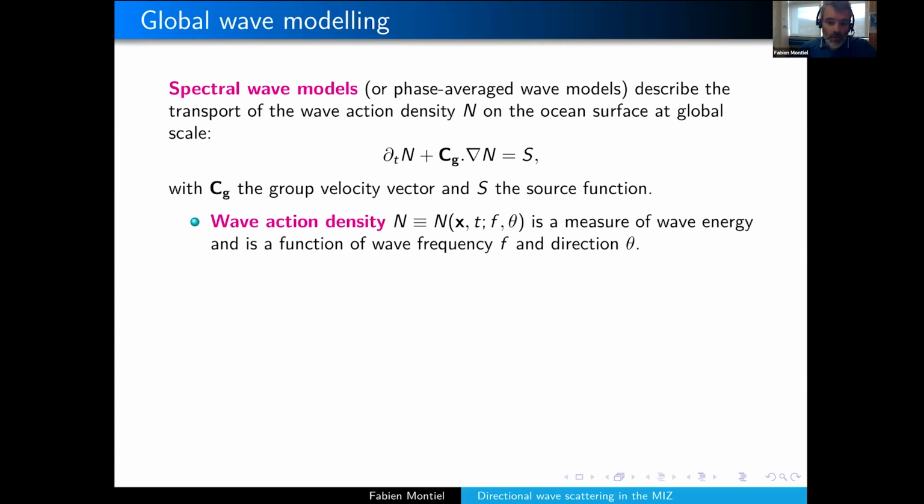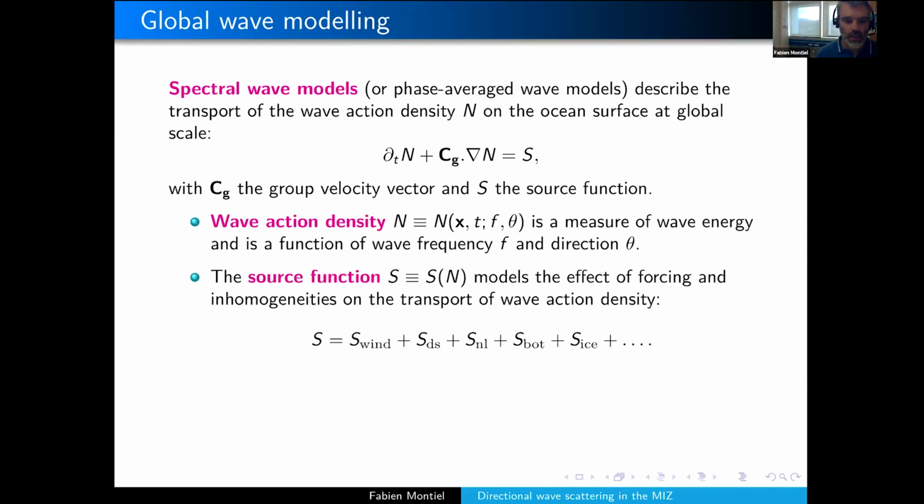You can think of it as a measure of wave energy, but the phase of the waves, of course, is not resolved. That's why it's a phase average model. And the source function is an attempt at representing the effect of various forcings and inhomogeneities on the transport of the wave spectrum.